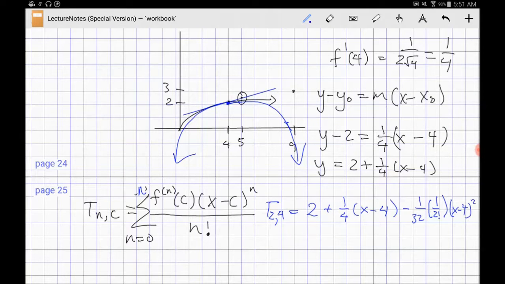And so if we approximated the square root of 5, we can say that it's equal to 2 plus 1/4 minus 1/64. And this approximation is slightly better than our linear approximation.